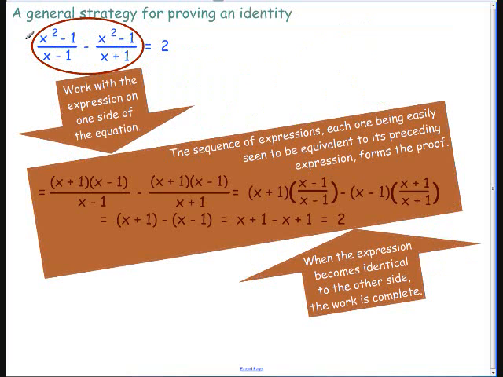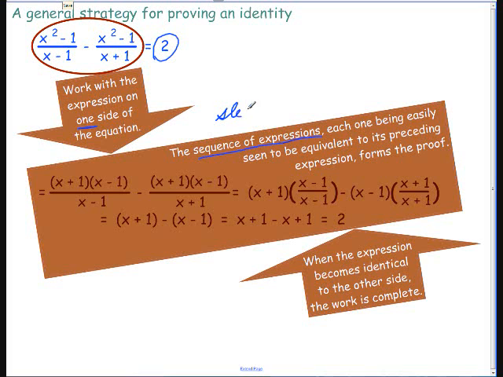Simplifying expressions. Here's a general strategy that you're going to use for proving an identity. First of all, you work with only one side of the equation. And you need to show the sequence of the expressions as you move. You're headed for the other side, right? You have to show every step along the way. When the expression becomes identical to the other side, your work is done.